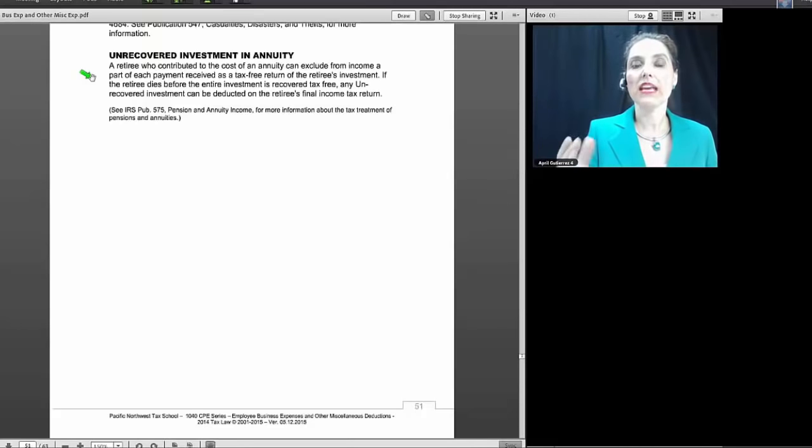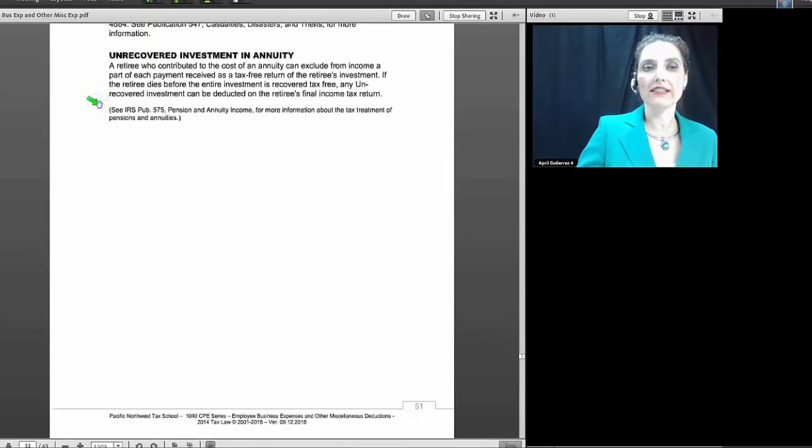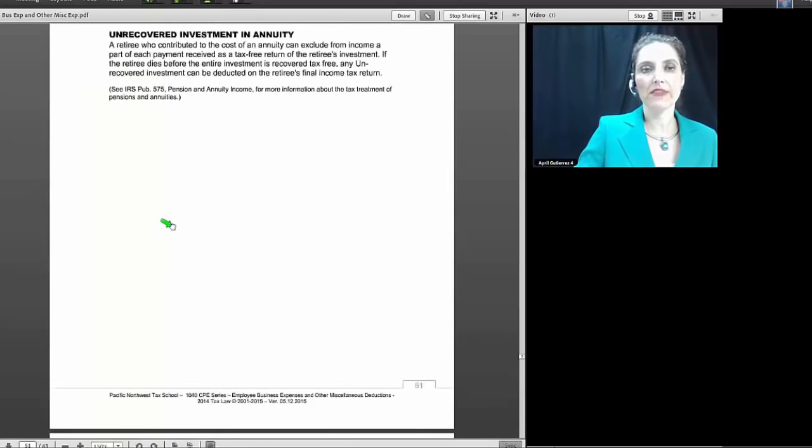In that course, we get into how you figure the simplified method to determine how much of a return you're getting each period. But what IRS says is that if the retiree dies before receiving or recovering all of their investment back, then any unrecovered investment can be deducted on the retiree's final income tax return. For more about that, refer to IRS Publication 575 on pension and annuity income.